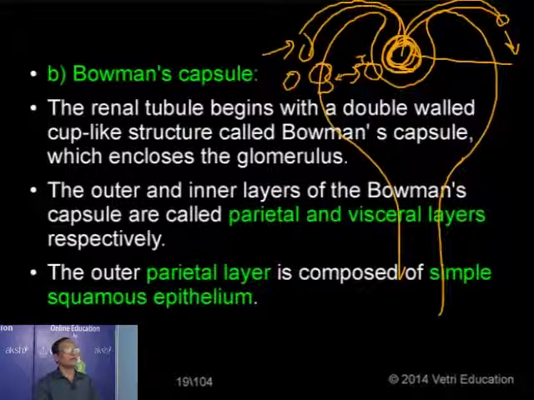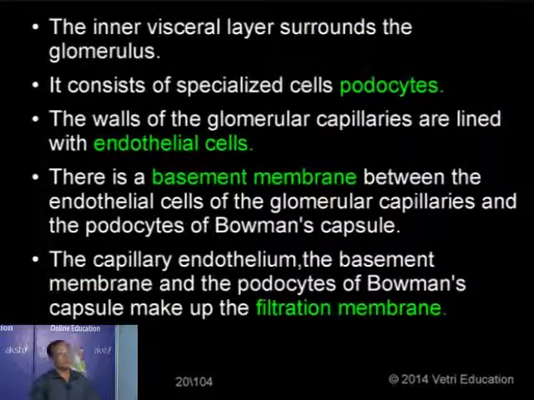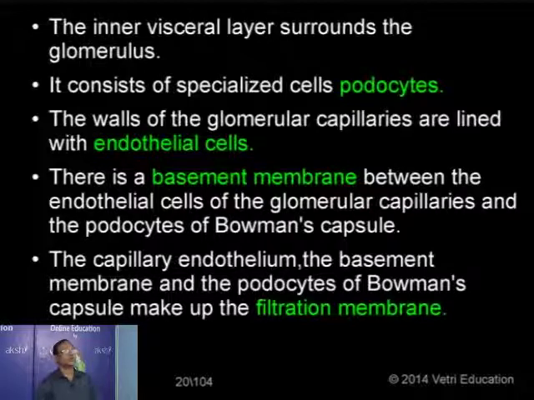The buccal cavity is exposed to friction because while we are chewing, food friction is made. So anyway, the place of squamous epithelium is easily the place of friction, the place of exchange of gases, and the place of filtration. So the outer parietal layer is composed of simple squamous epithelium. So what about the inner visceral layer? The inner visceral layer is very specific. It surrounds the blood capillaries of the glomerulus.